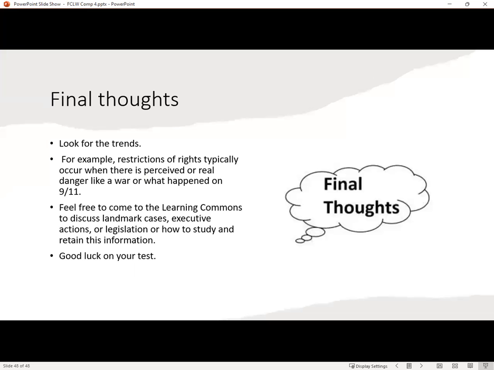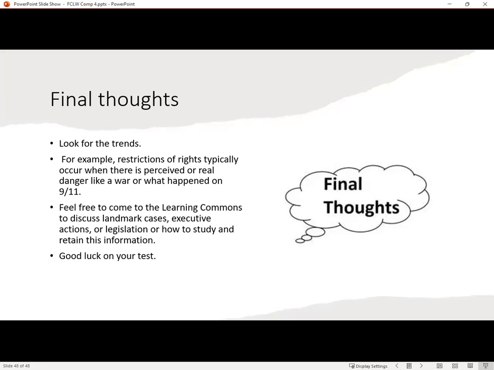So some final thoughts. I hope you're seeing how you can take these cases and look at them. Look at restrictions of rights during war and why that happens. And if you just want to sit and chat about some of these landmark cases and how they affect future cases, feel free to come to the Learning Commons at any time.